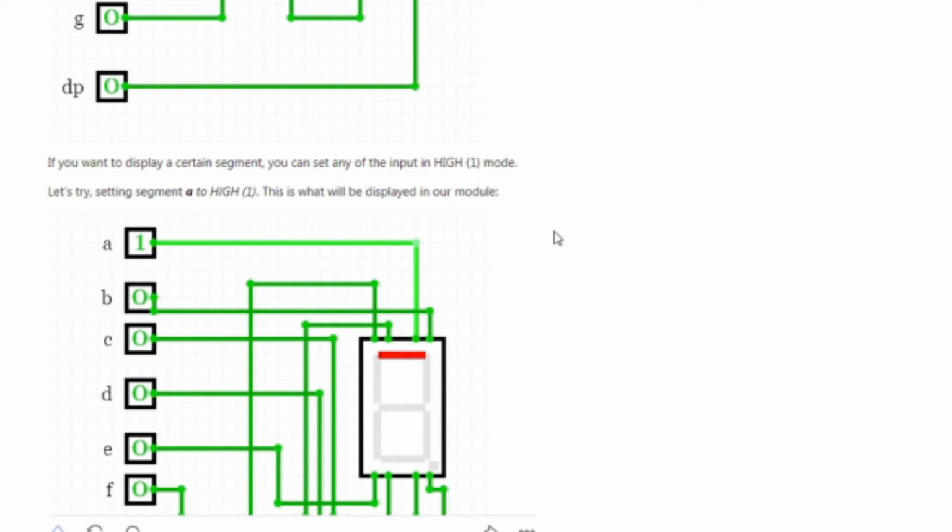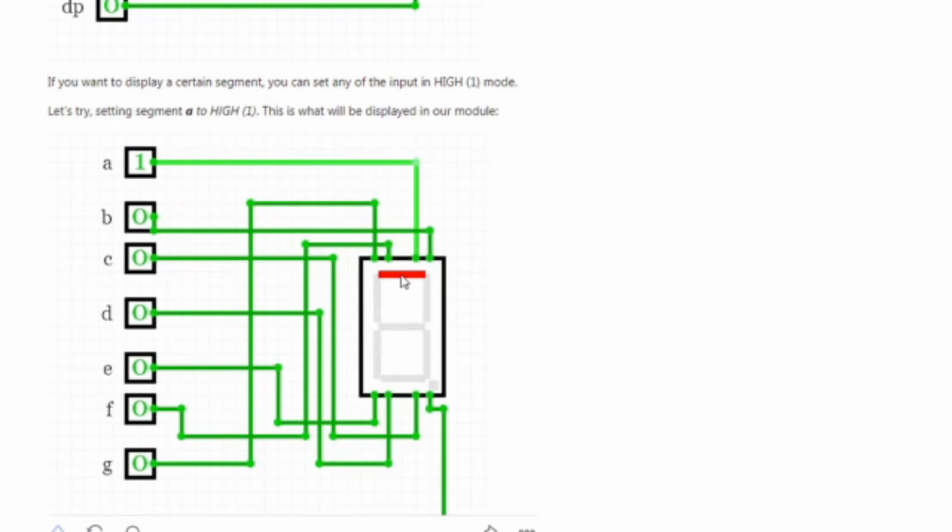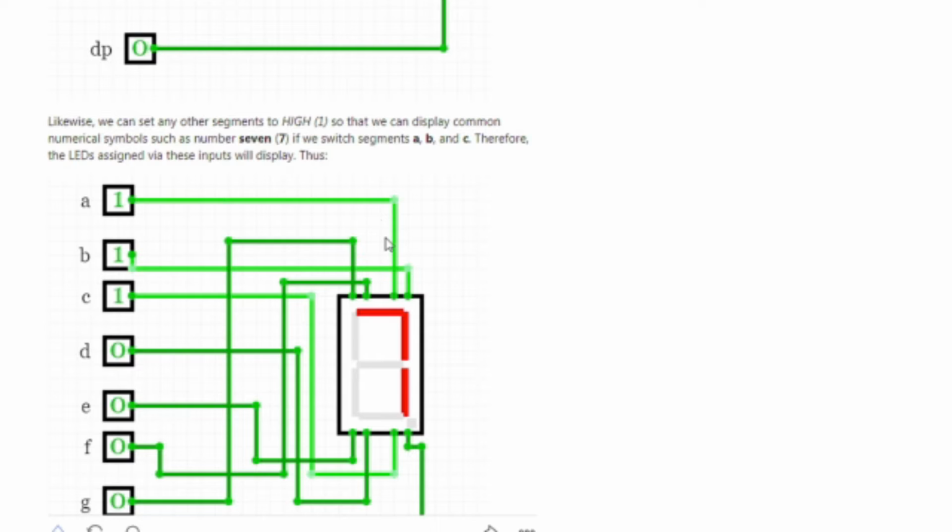If you want to display a certain segment one by one, just for the demonstration, if you want to, for example, turn on the LED segment 1 or A, we will switch on the segment A. Likewise, we can set another segment to high, so that we can display a certain figure or symbol that we want.